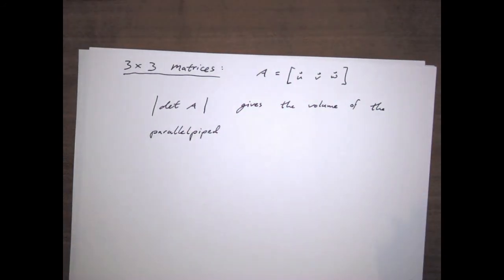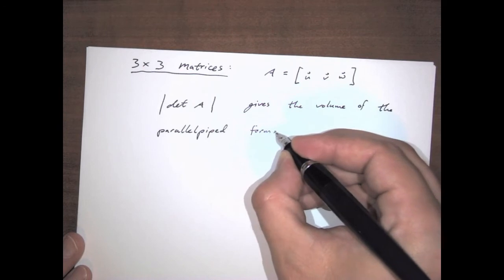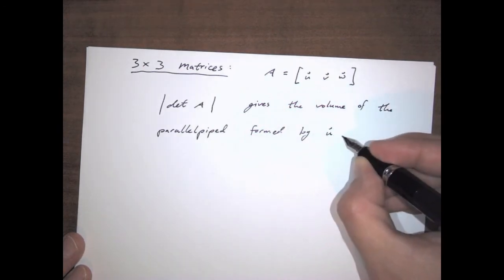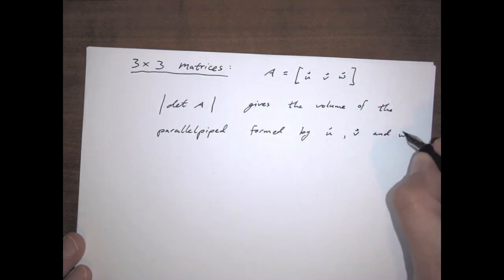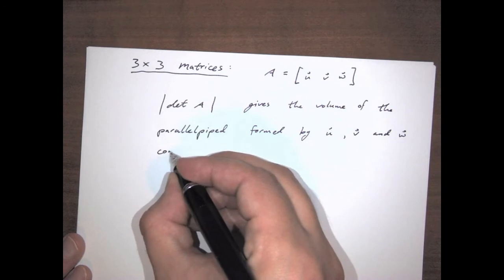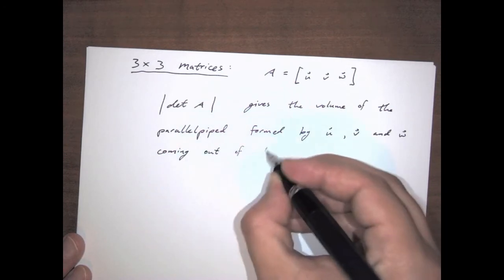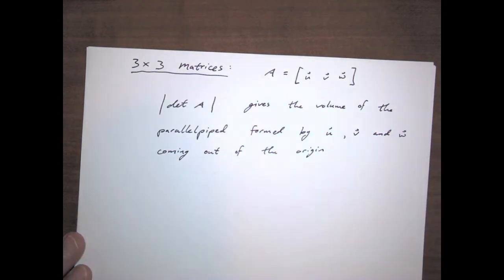So it's like a three-dimensional version of a parallelogram, formed by U, V, and W, coming out of the origin.